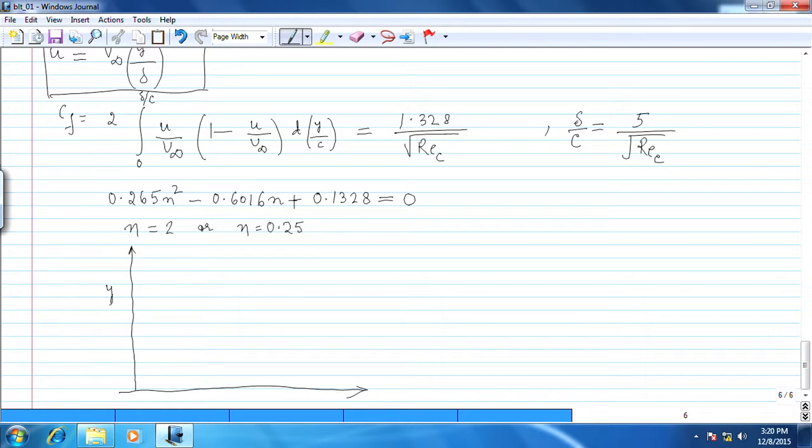So this is y by delta, and this is u by u infinity. This is not to scale. This is basically from experiment, so let me write that here. This is what we get from experiment.